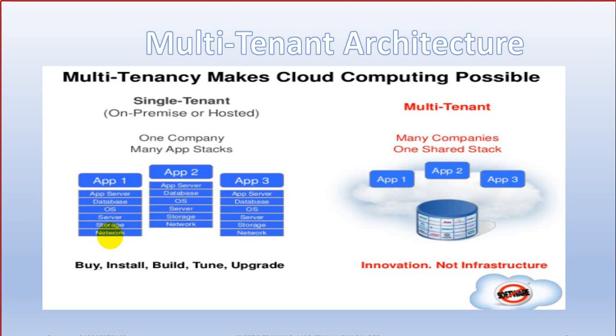But if it is a multi-tenant architecture, the owner of that cloud computing application will take care of everything. So as a tenant and owner, you just complain that this is not working properly, and they will look into that and rectify it. This is a simple example for the multi-tenant architecture.